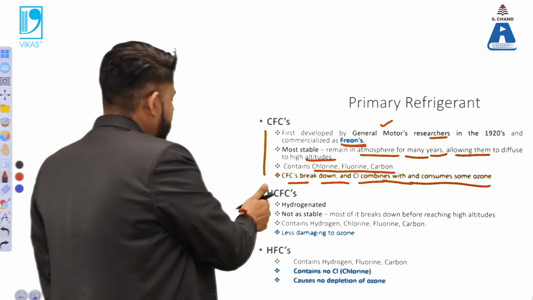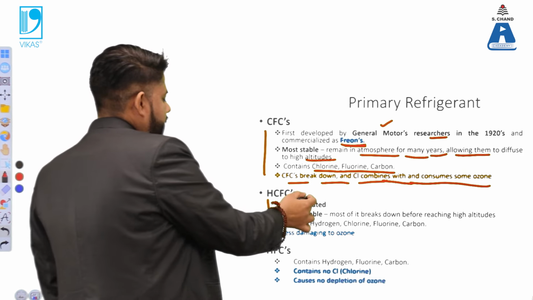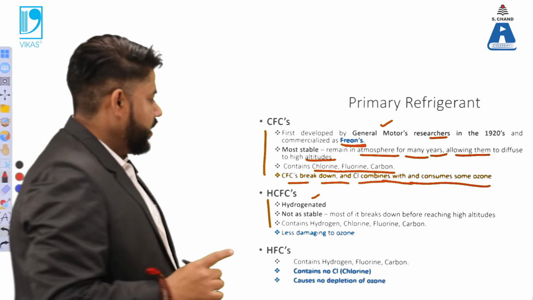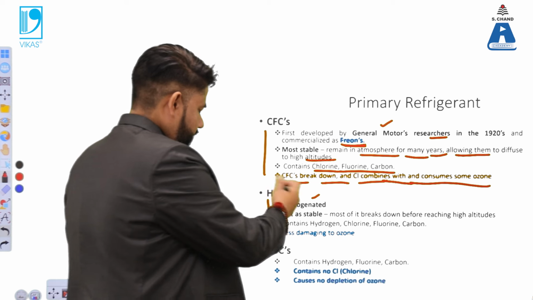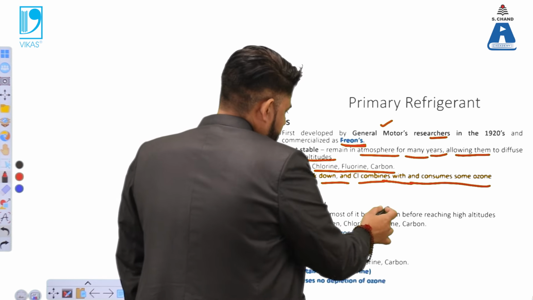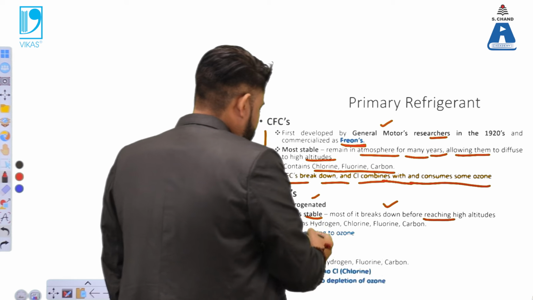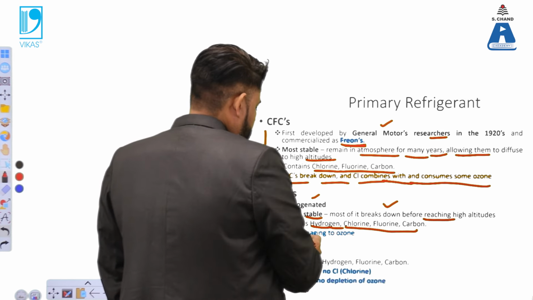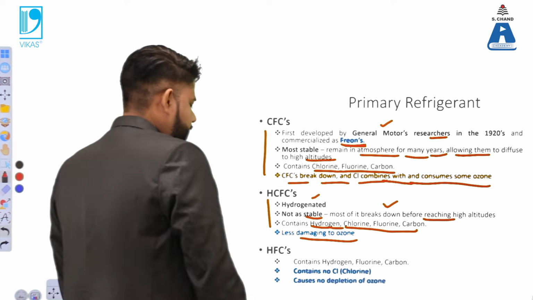Then HCFCs came into existence and they are hydrogenated, as I have explained through the structure, and these are not very stable, and most of them break down before reaching high altitudes. They contain hydrogen, chlorine and fluorine, so they are less damaging to ozone.